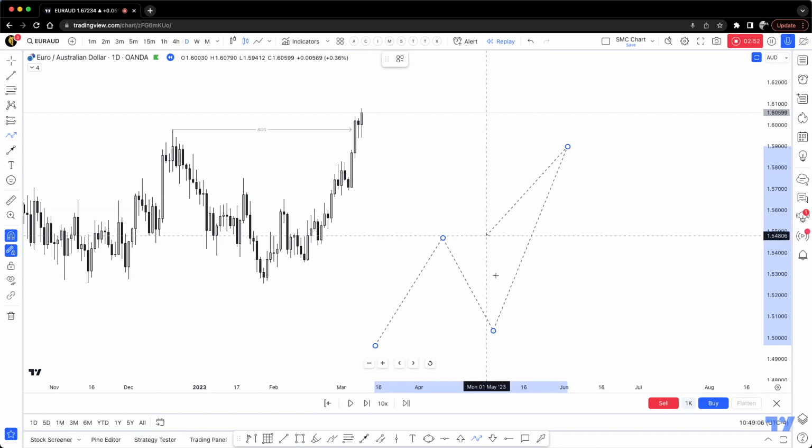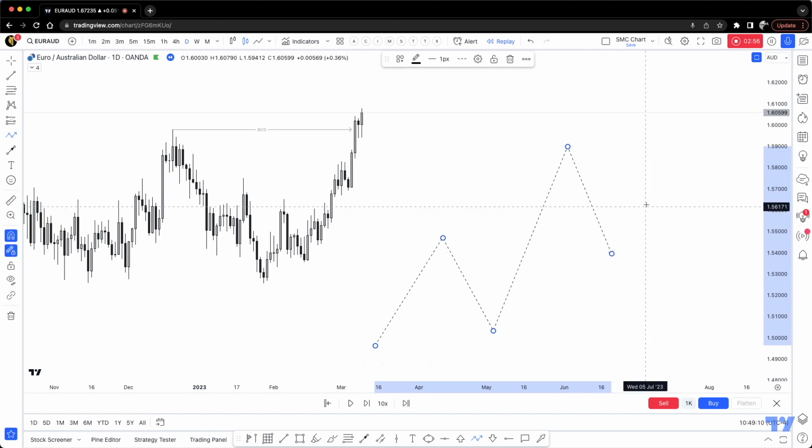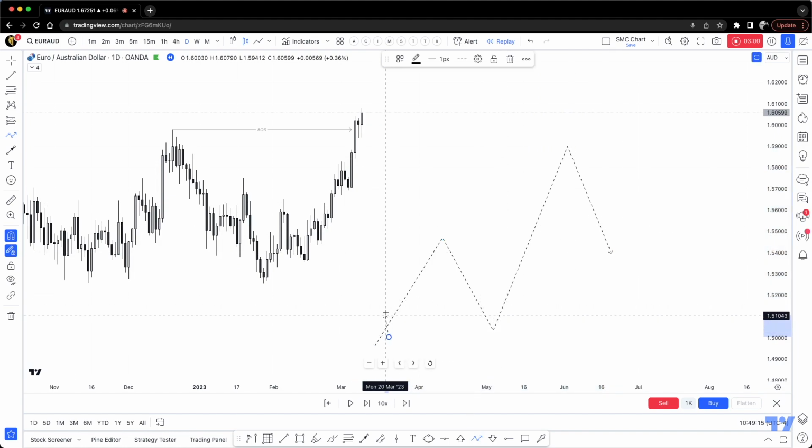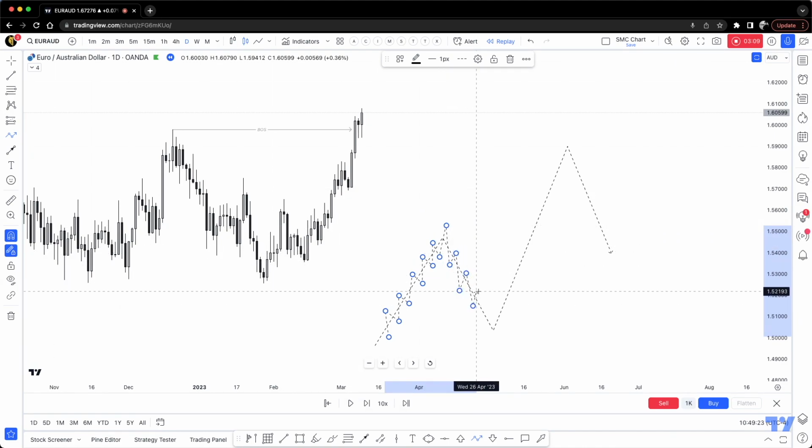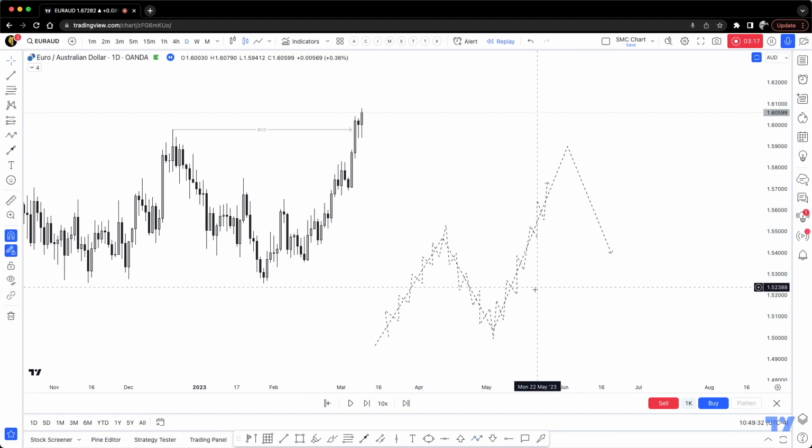What I'm drawing right here, internally, it's going to have another trend in lower time frames. Then of course it's going to start doing this. So you're going to see the internal structure, which is this one.